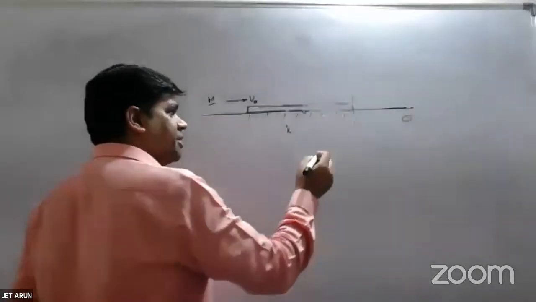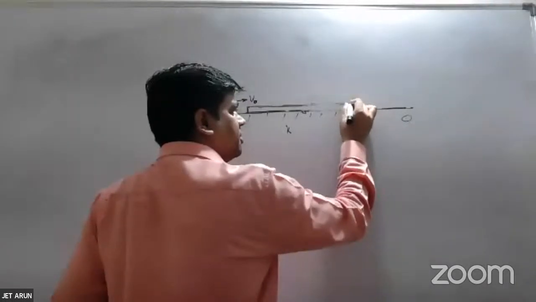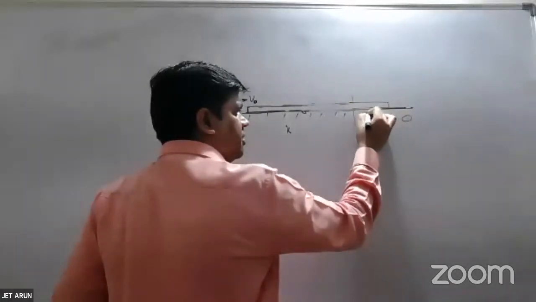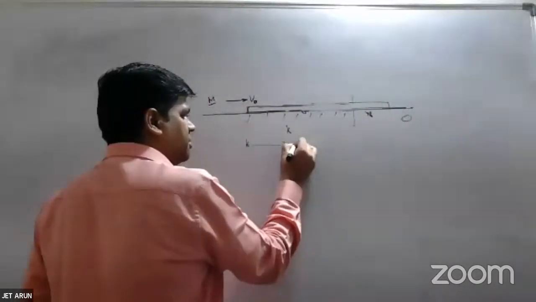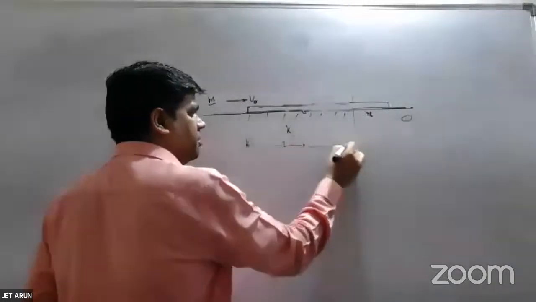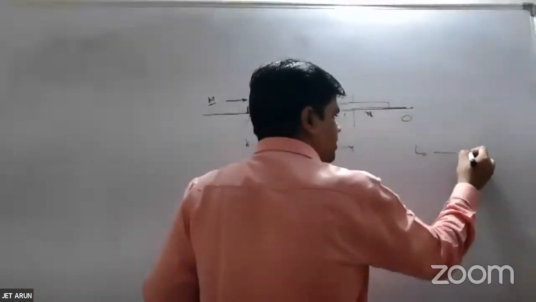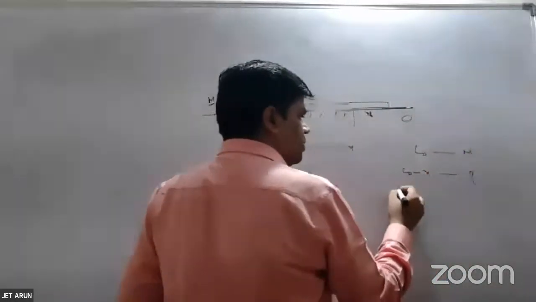Now again, I'll do the same thing. I'll project this to a certain extent, x, on this frictional surface. So this will be L minus x. For L naught, mass is m. For L naught minus x, mass would be how much?